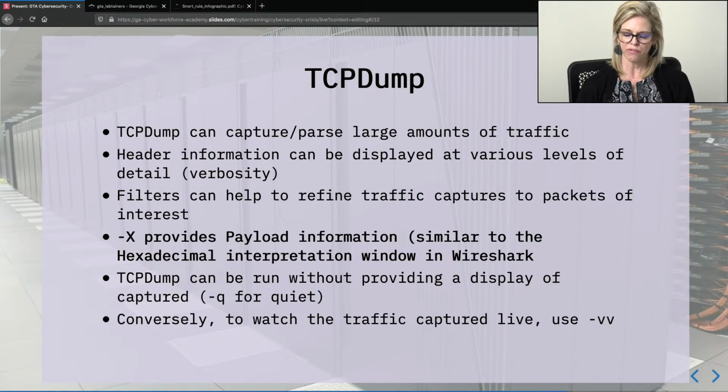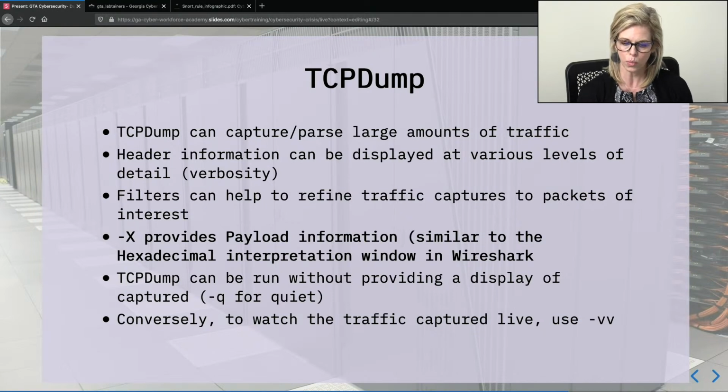The more verbose you want to display your packet capture, you would specify the -v option, and if you add an additional v, it increases the level of detail. -X actually provides payload information, which is similar to the hexadecimal interpretation window that we talked about in Wireshark.